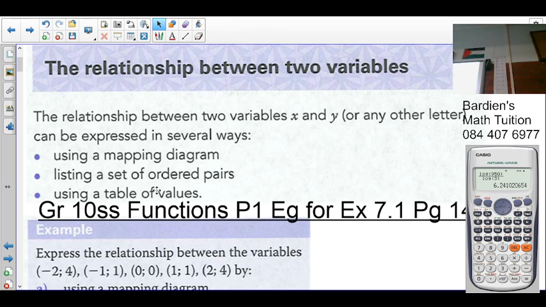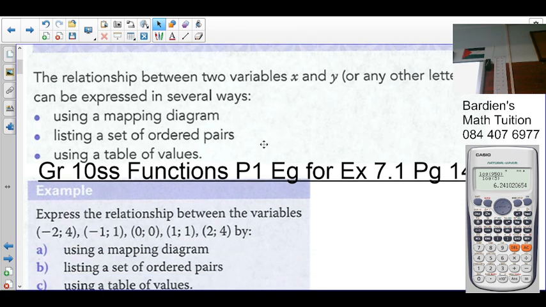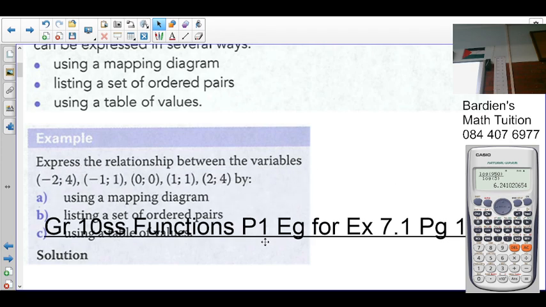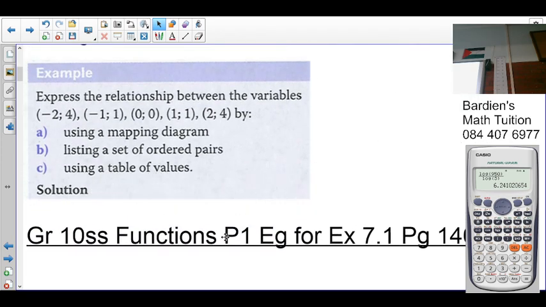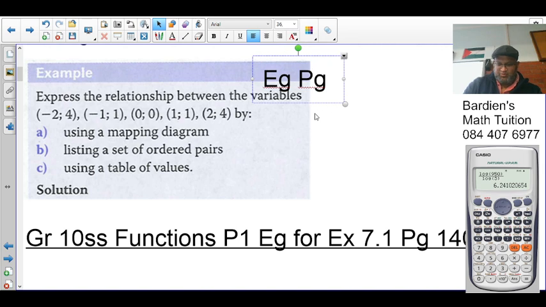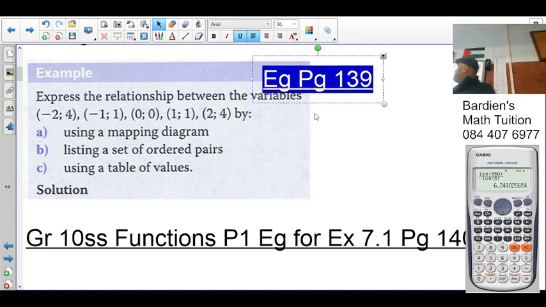The relationship between two variables, x and y, or any other letters, can be expressed in many ways: using mapping diagrams, listing a set of ordered pairs, or using a table. So I'm looking at the first example, on page 139.